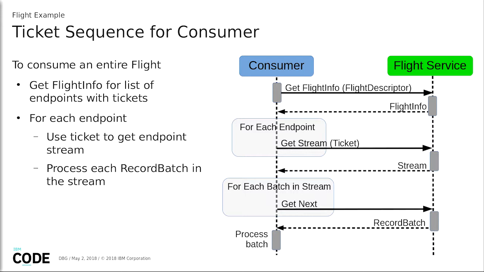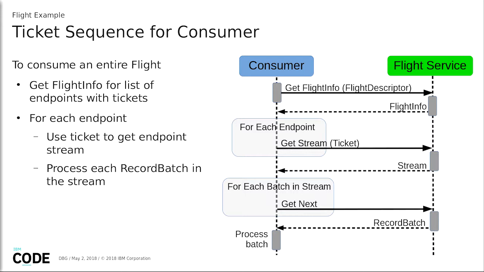Let's go over what the ticket sequence and exchange looks like for a client that wants to consume the entire flight. So the client would begin by messaging the flight service to get a flight info, passing in the descriptor of what flight it wants. And it would get back this flight info, which contains a list of endpoints with tickets for the streams.